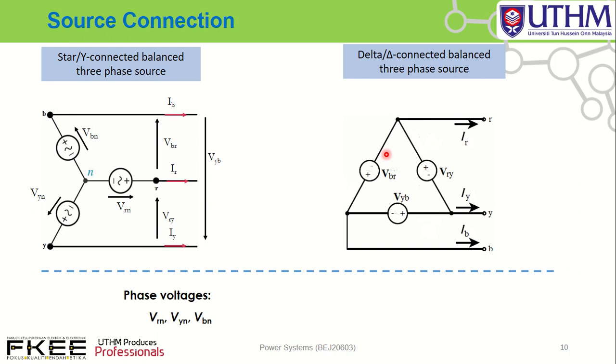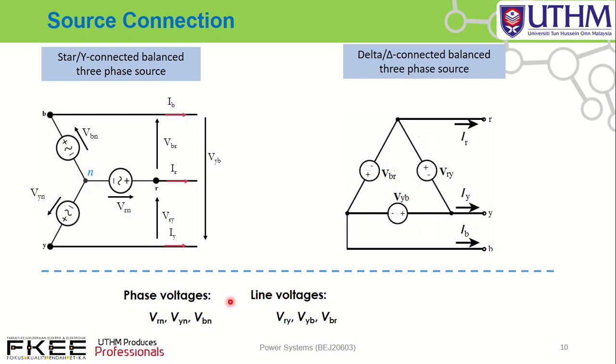In this case, you have to understand the voltages. For the three-phase system, we have phase voltages and line voltages. For example, VRN, VYN, and VBN we call phase voltages.